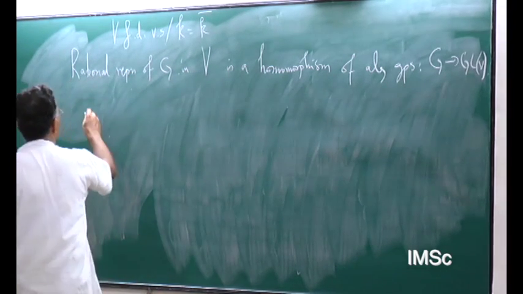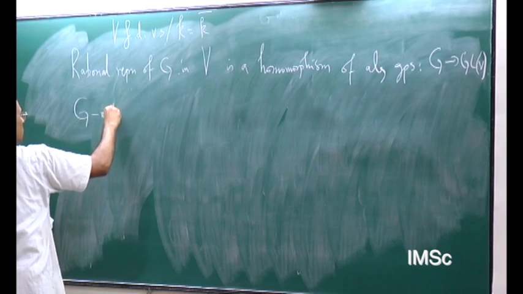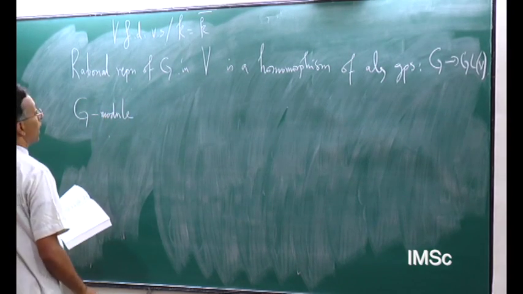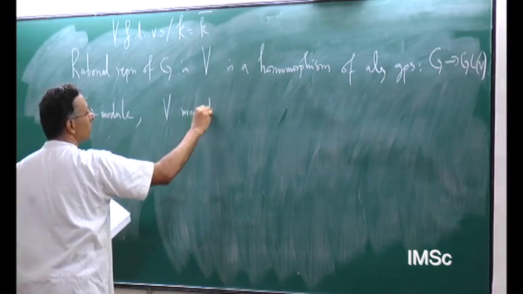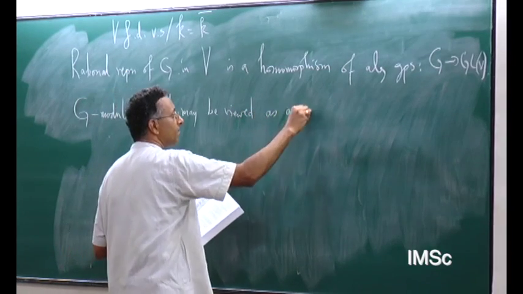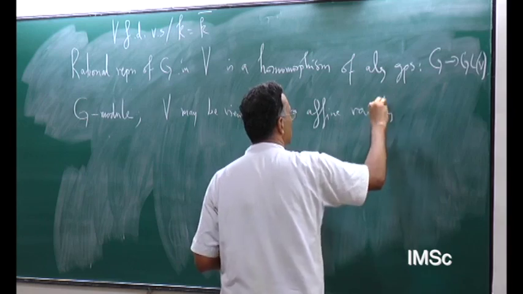So we might use the term G-module, he says, and V may be viewed as an affine variety with a G action.